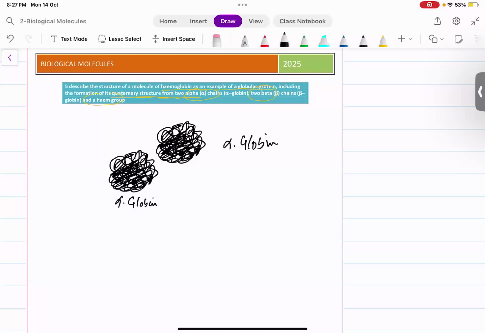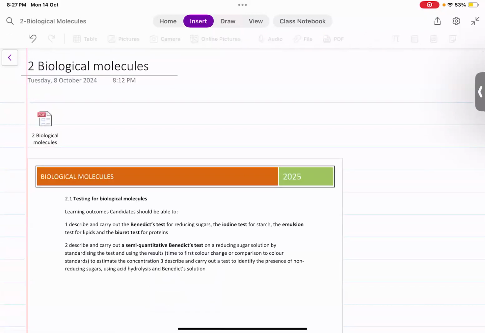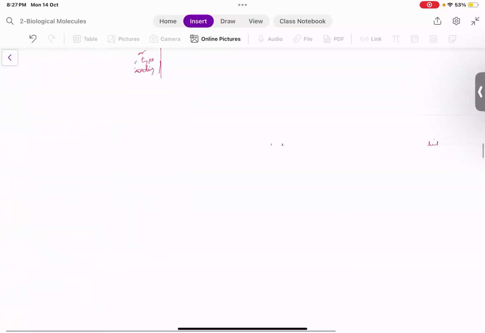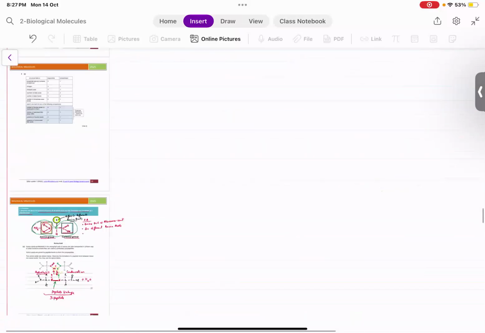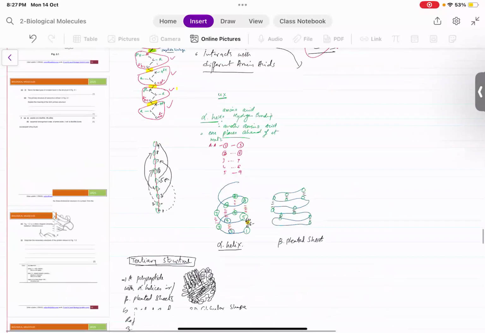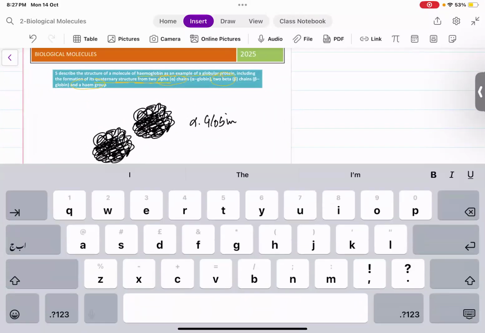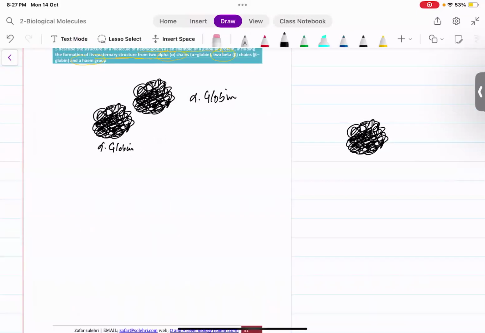And two beta globin are also present. Here we have this, okay.